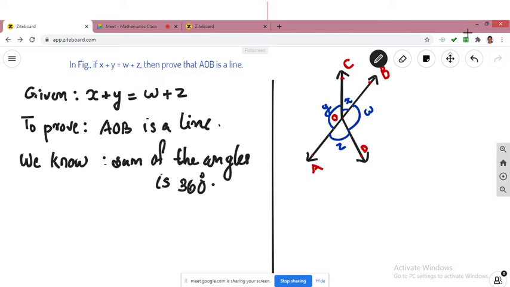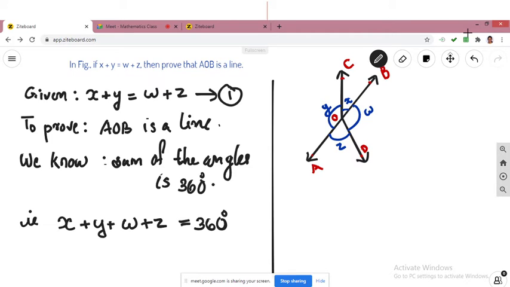So that is angle x plus y plus w plus z is equal to 360 degrees. Now, we were given that x plus y is equal to w plus z, ma'am. Yeah, let me give it as equation 1.